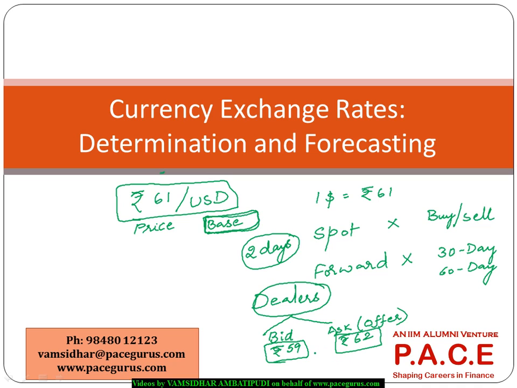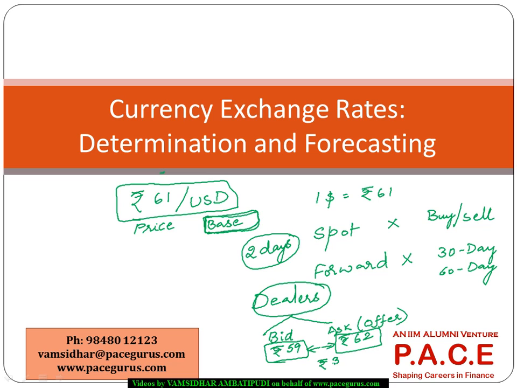So basically this difference is what we call the bid ask spread. 3 rupees in this case is the typical bid ask spread. Whenever we talk about the bid and the ask prices, they are primarily from the perspective of the dealer, not from the perspective of the individual customers.